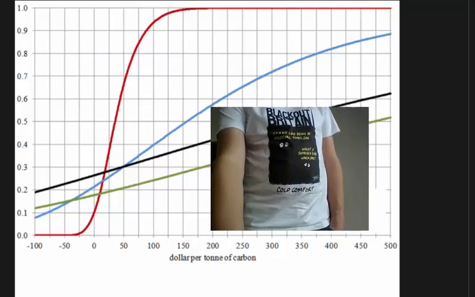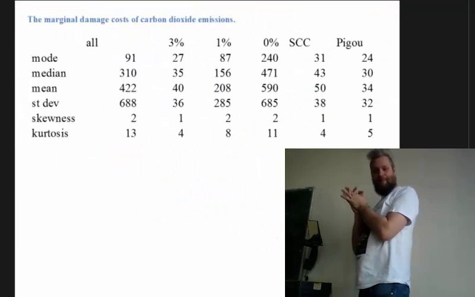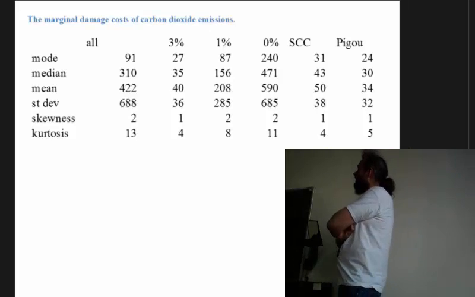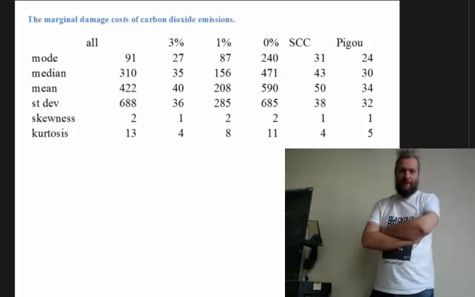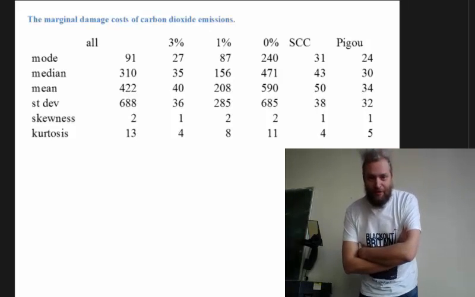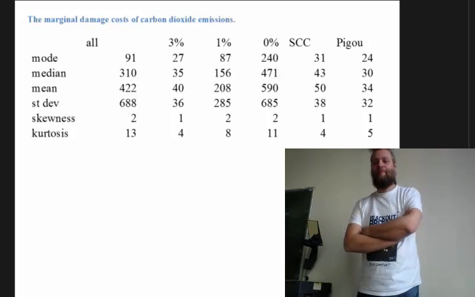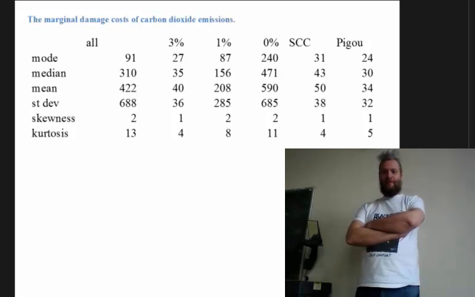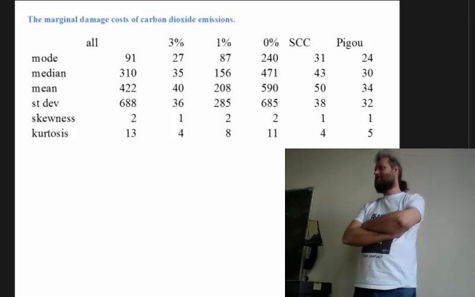These are the CDFs. Here are some numbers. This is given here for a 3% discount rate: $27 per ton of carbon. This is not a very meaningful estimate to most people. $27 per ton of carbon is roughly equivalent to €5 per ton of CO2.